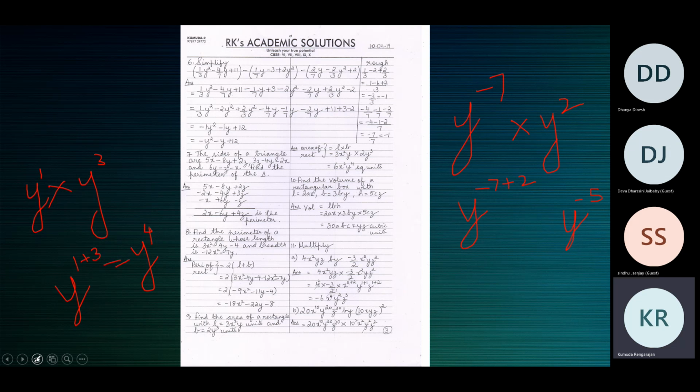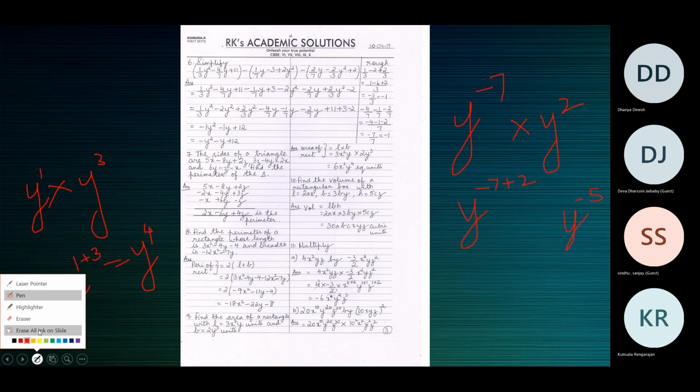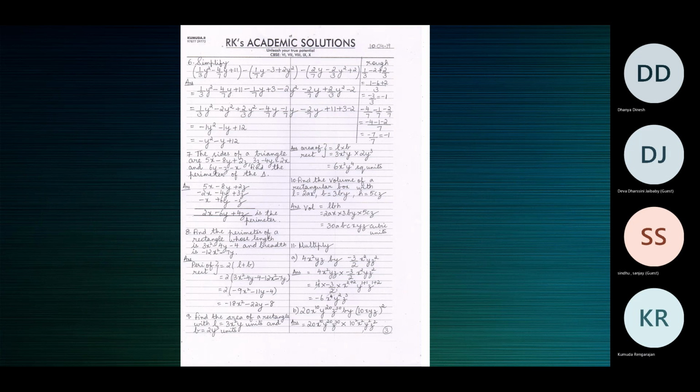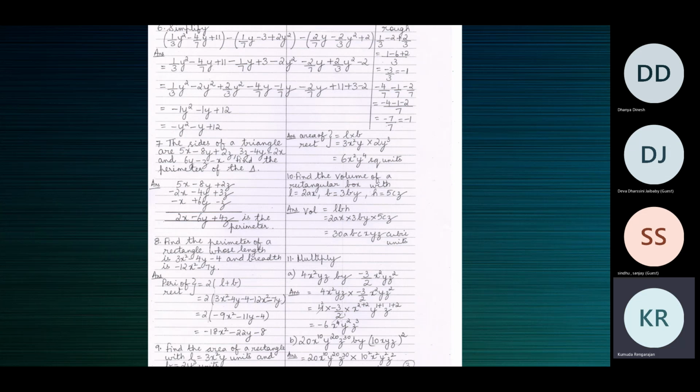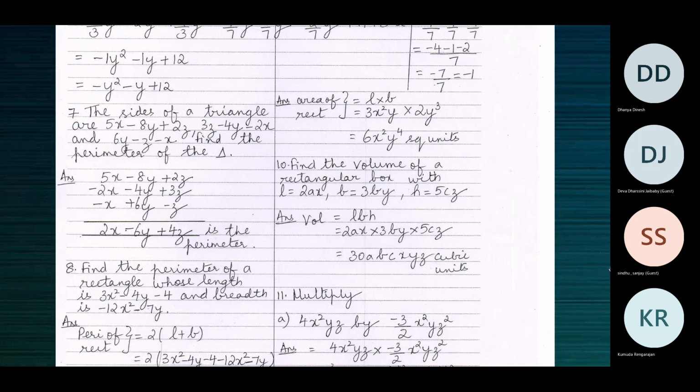That's what we're doing here. 3 into 2 is 6. X square, but there's no x term here at all, so x square as it is.